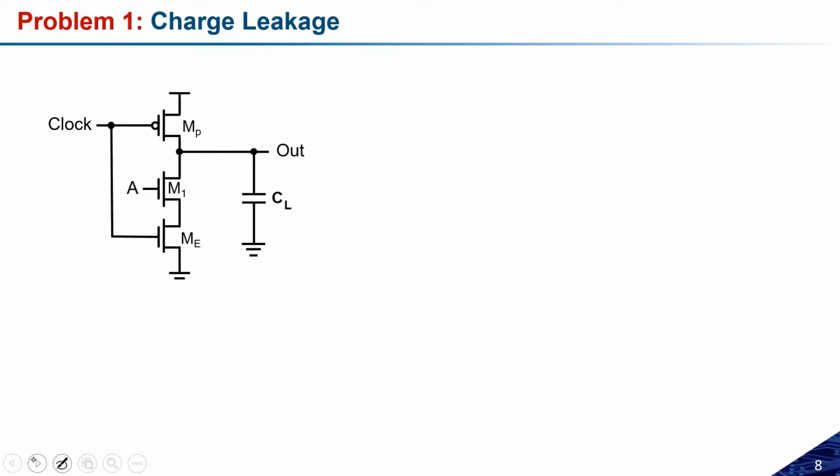Let us assume that the clock is equal to 0. In case the clock is equal to 0, this MP will be in on state, and that will start charging this dynamic node N.